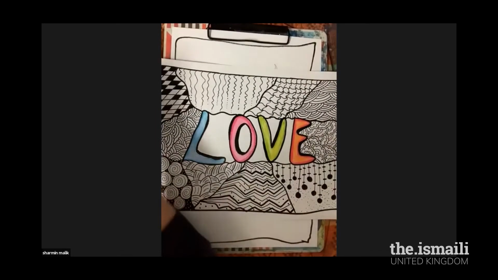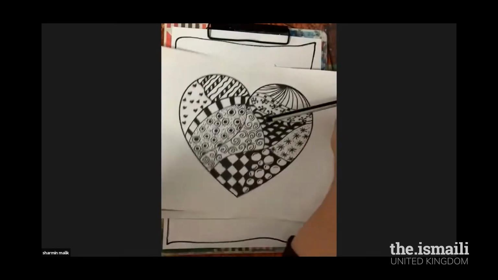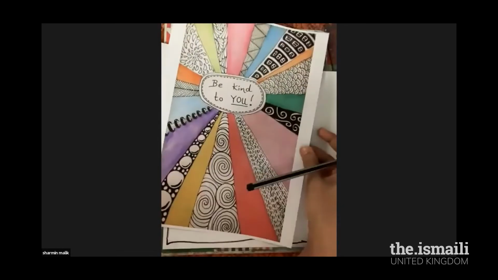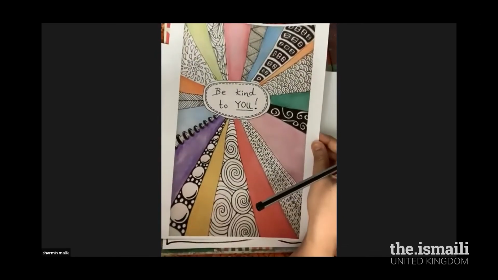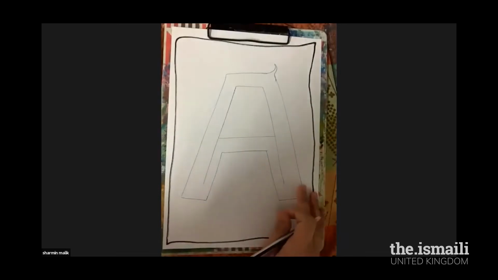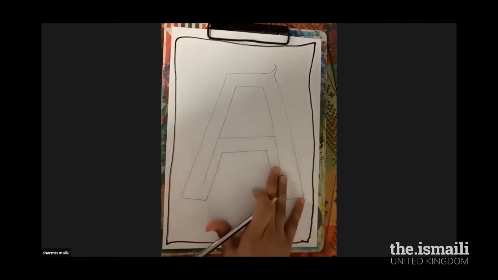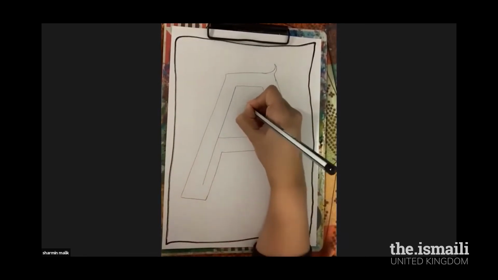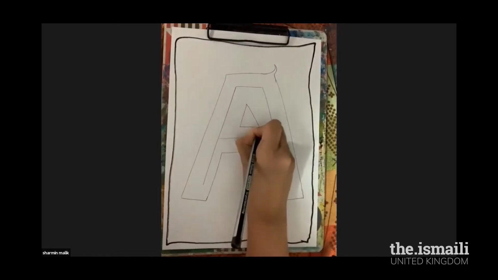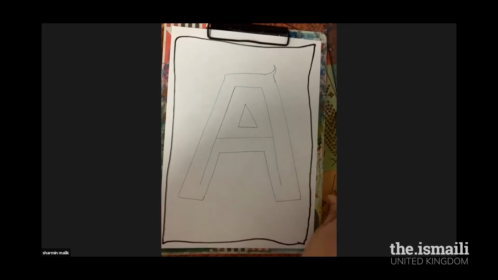Something like this, something like this. It will be very good to see what everyone comes up with. Oh, that's wonderful, Noreen. So good. I already love that. Okay, so I'm doing this A and I'll put a triangle here in between. If you want me to wait, if you want me to slow down, please do tell me.